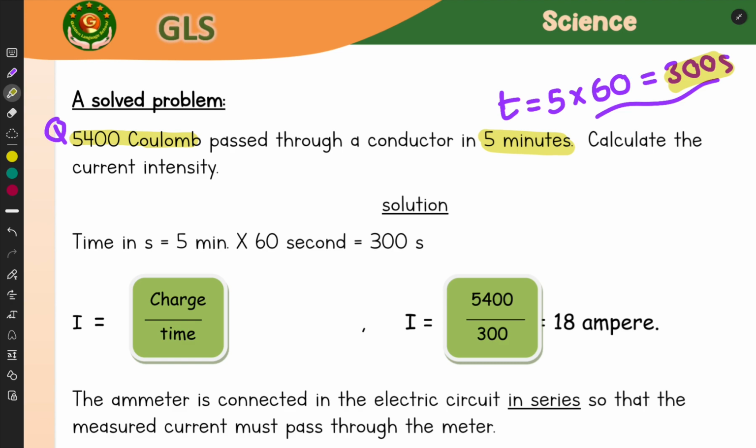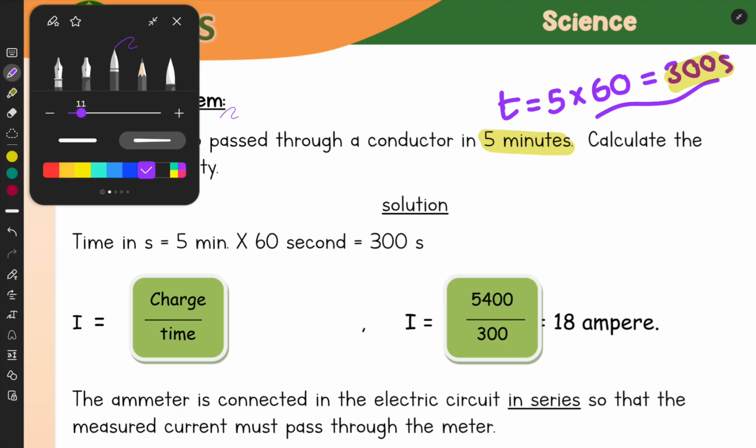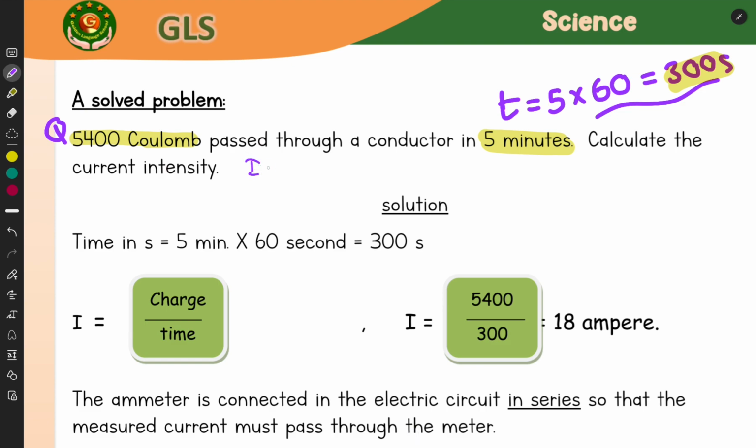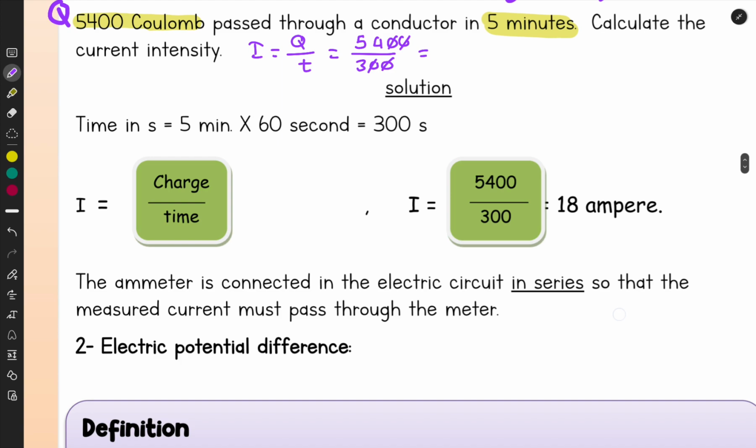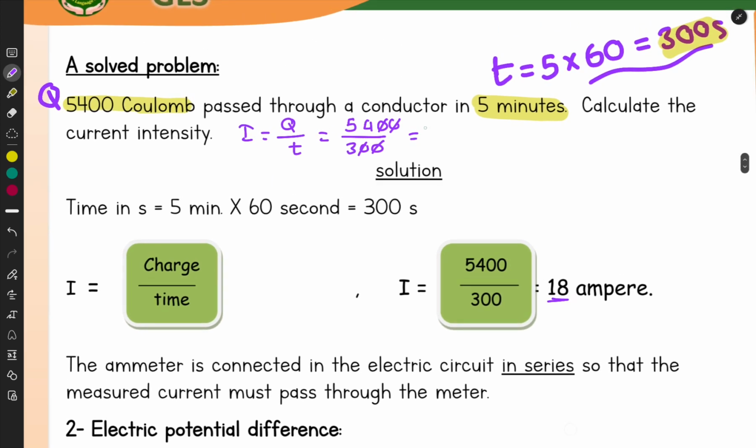Then now I begin to calculate. I know that I equals Q over T. So I equals 5,400 over T, which is 300. 54 divided by 3 equals 18.